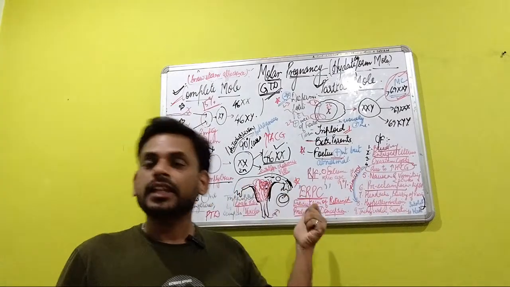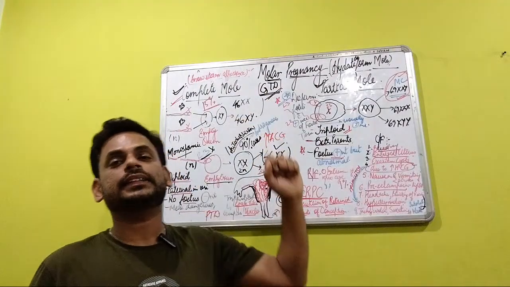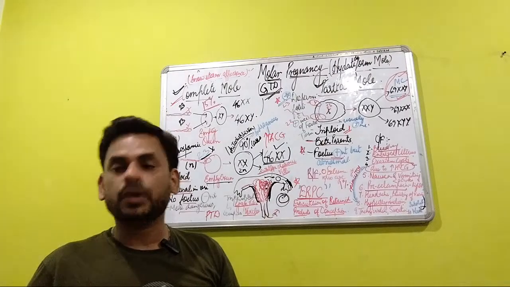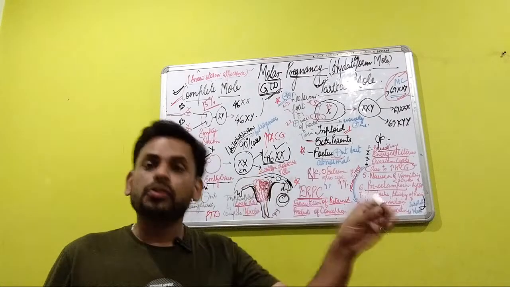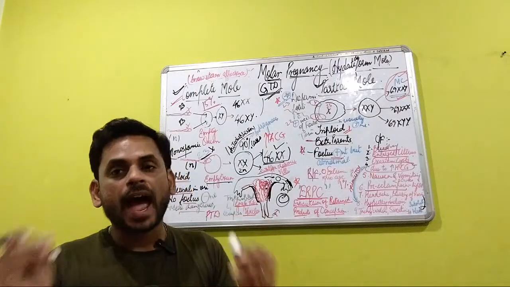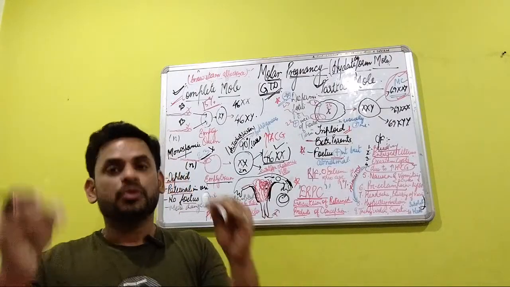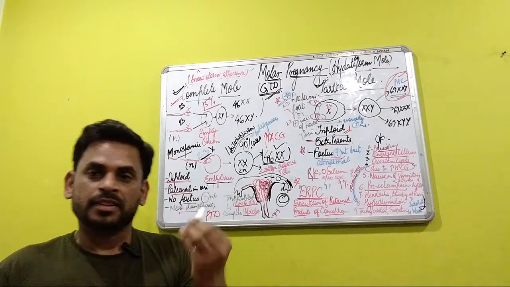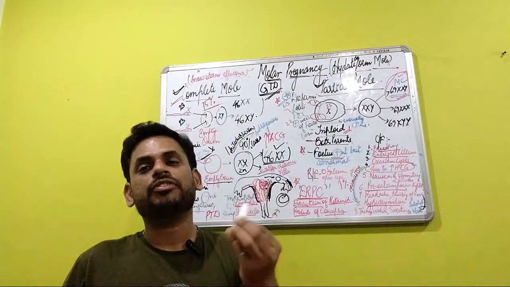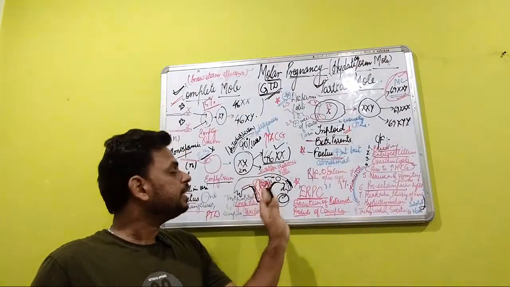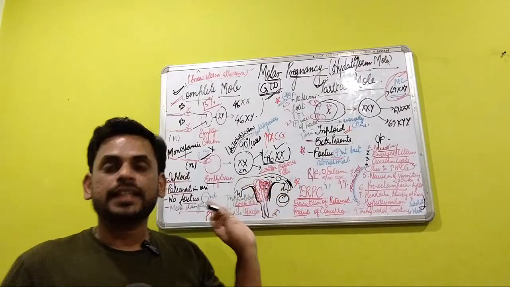But in molar pregnancy, which is a gestational trophoblastic disorder, the trophoblastic cells proliferate abnormally into various small fluid-filled balloons, sacs or vesicles, which partially or completely fill up the uterine cavity.